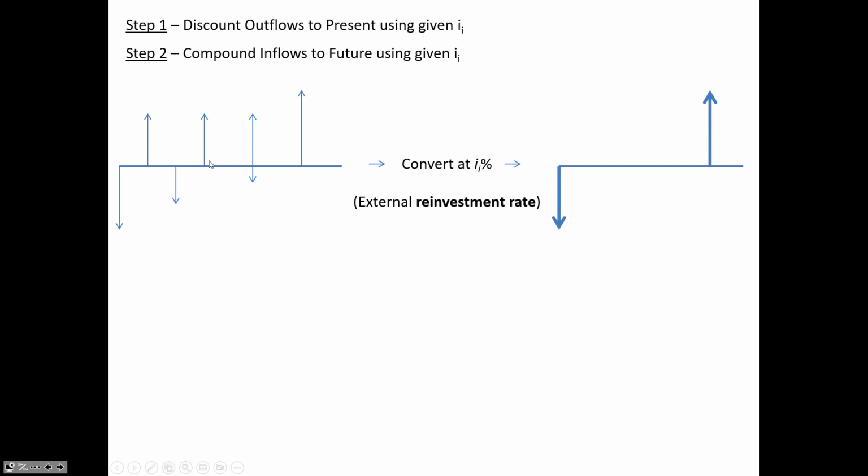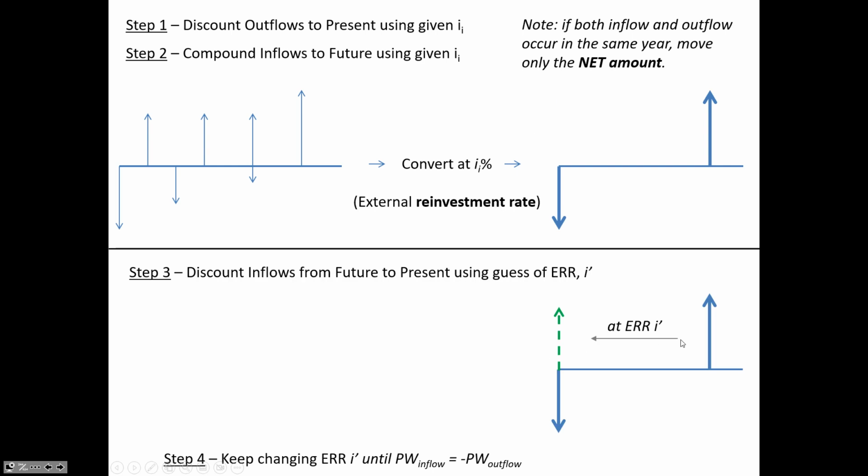So now you've consolidated your cash flow diagram into one inflow and one outflow. And then you use some unknown external rate of return. You discount the inflows to the present using that ERR, and then you keep changing it until the magnitude of the two are equal, until the outflows and the inflows added together are 0.